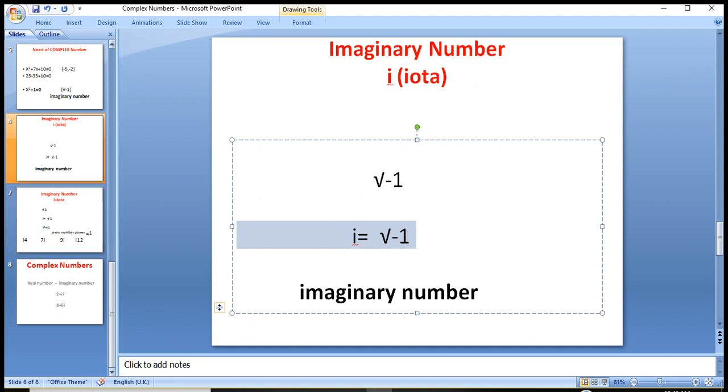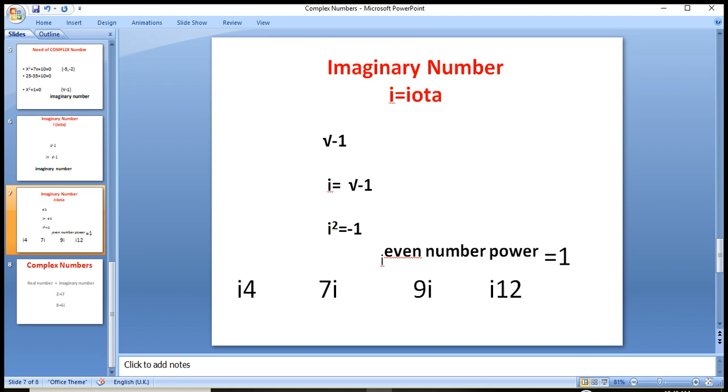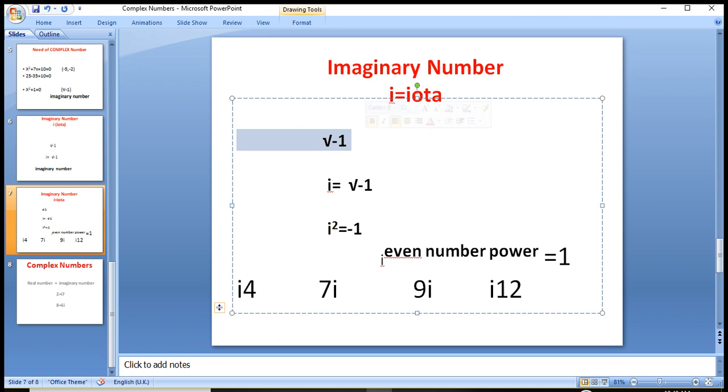And if we square this number, then it comes equal to minus 1. If we square both sides of this equation, then it comes i square and the under root is cancelled. Only minus 1 is left. So it means i square equal to minus 1.